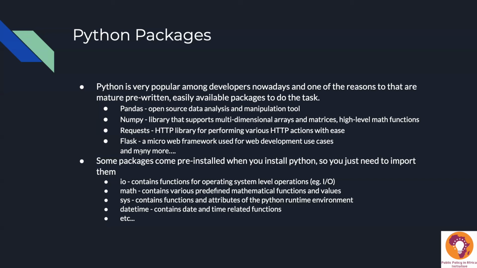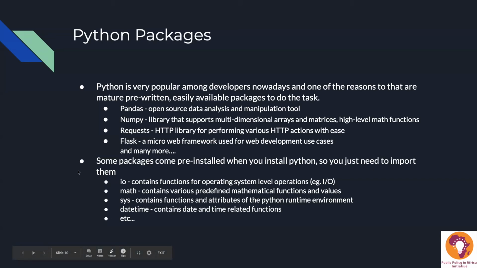Looking at PyPI right now, which we're going to talk about in a second, I can see there are 292,000 projects out there. So tons of different packages that you can install. You just need to find the right one for your use case, install it, import it, and then you can use the functions and variables available within that package.